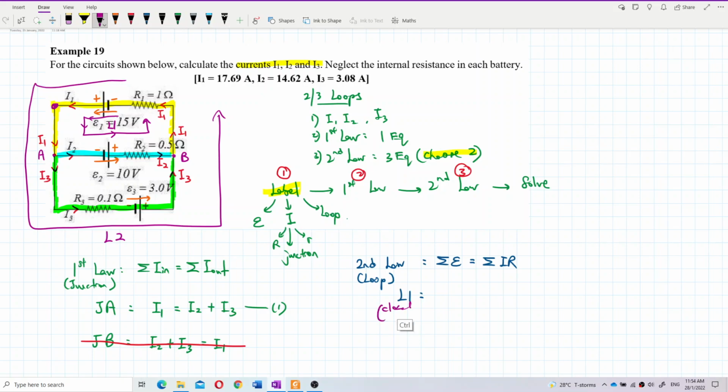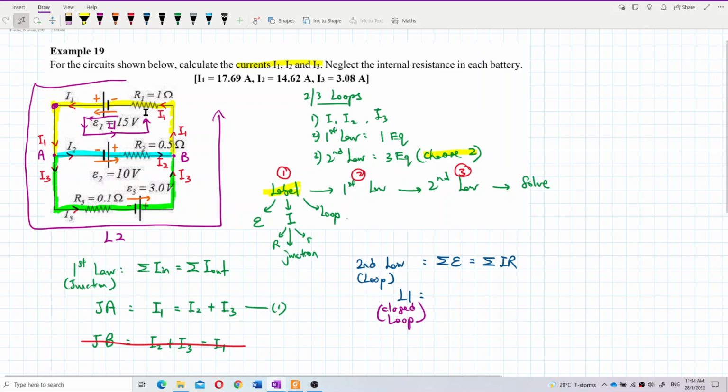This loop 1 must be a closed loop. It cannot be an open loop. If this loop is open somewhere, there's no current, and then you cannot apply the loop law. You must return to the same point. Then you can apply the loop law.